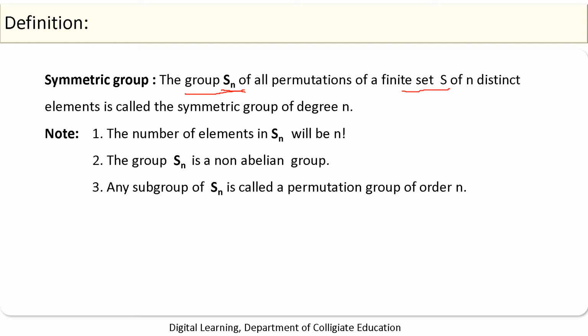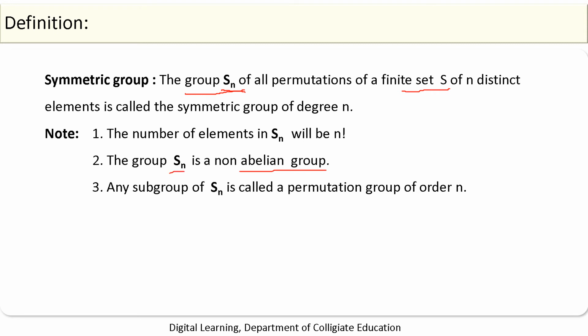The group Sn is a non-abelian group. So what does it mean? Sn contains the set of all permutations of a set S. In the permutation group Sn, the product or the composition is not commutative.